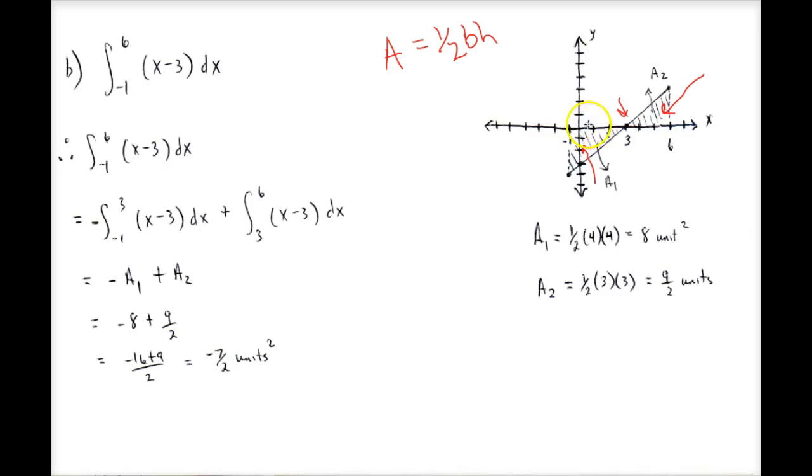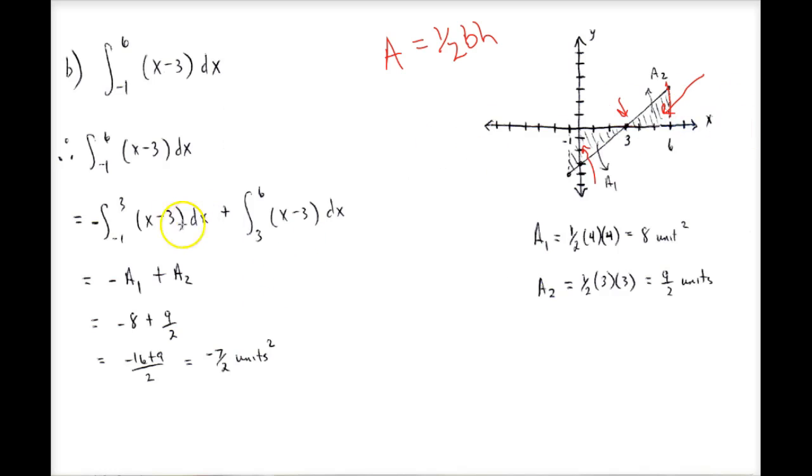The base is from negative 1 to 3, so that's a distance of 4. And the height goes from 0 to negative 4, so that's a distance of 4 as well. For the right triangle for area A2, we know that our base here is 3 again. Our height, in this case, is 3. And so, of course, it's just 1/2 times that.